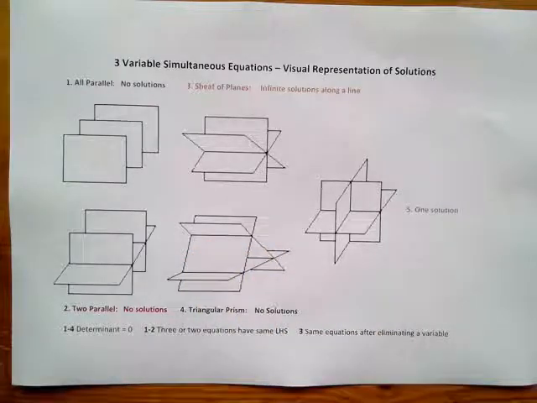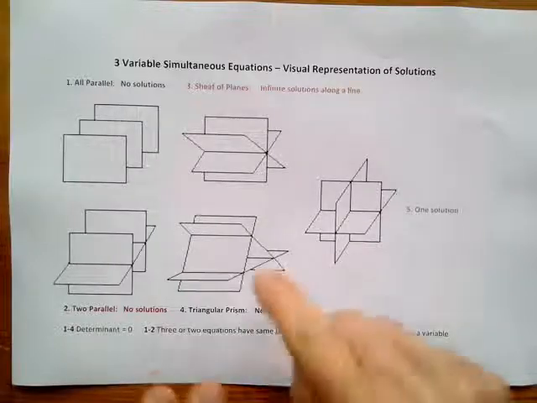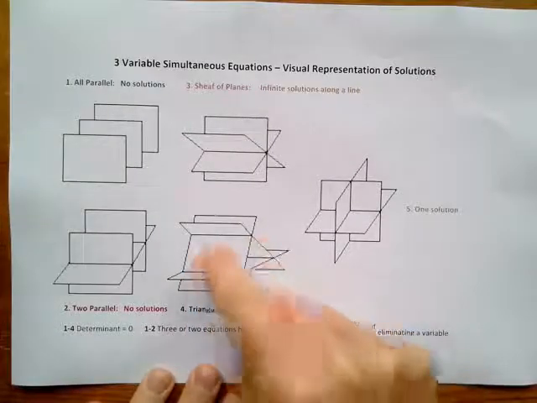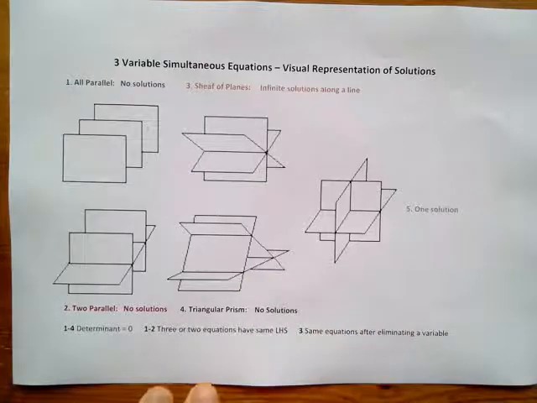It's quite good if you can actually see these moving. You always get this triangular prism with 3 rectangles and a triangle on the end. Of course, this is infinite, so it's not really like that, but if you can imagine it, you get this triangular prism. And again, there are no solutions. There's nowhere where I can stand on all 3 planes at the same time.